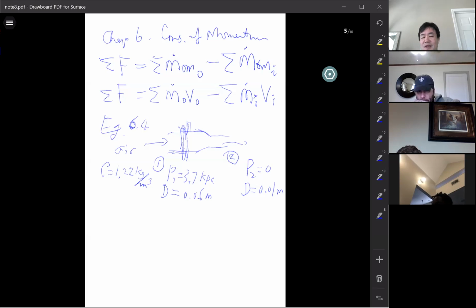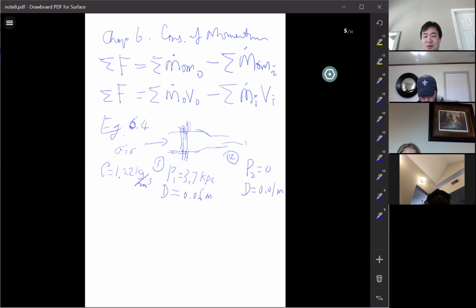First of all, do you have any questions in terms of the problem statement? Try to understand the basic physics here. The flow goes into it, then the flow changes speed, right? The diameter changes, the speed changes, and then this nozzle will be pushed away if nothing is holding it.